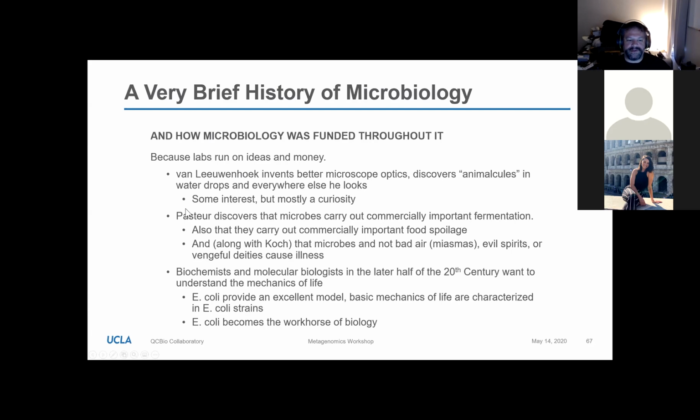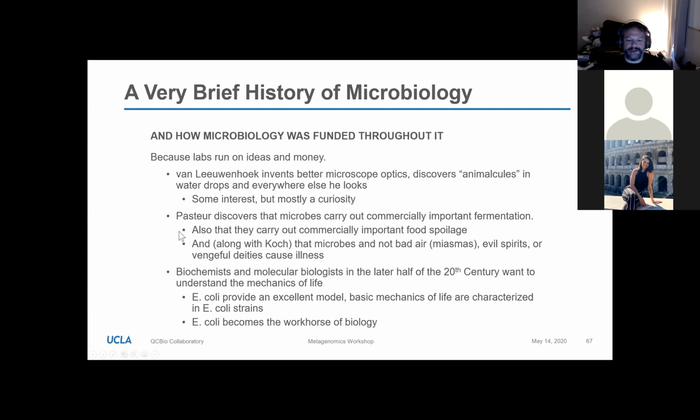This was mostly curiosity for I think about a century. Then Louis Pasteur came along, and he was first paid by, I think, the French wine industry. He started off as a chemist trying to understand different wine compositions and why wines taste different.